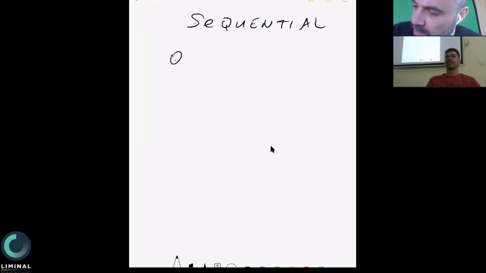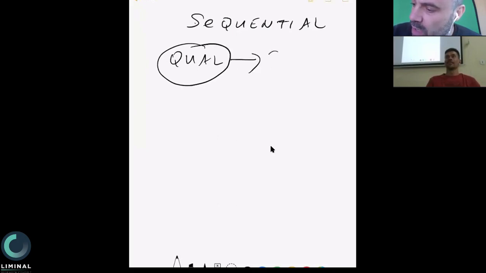Then you get the sequential approach. Say you can start with qual first, and then you do quant.